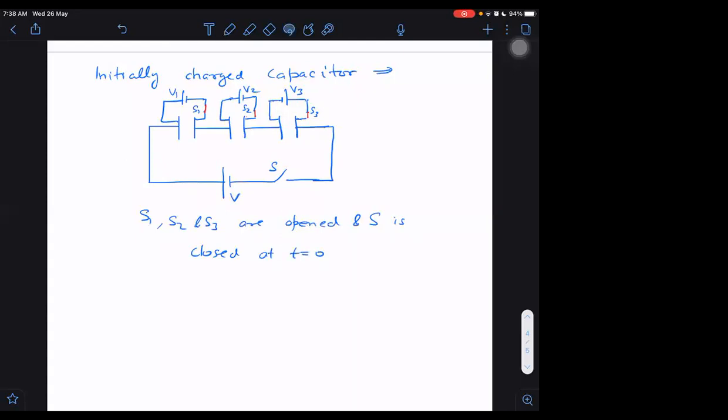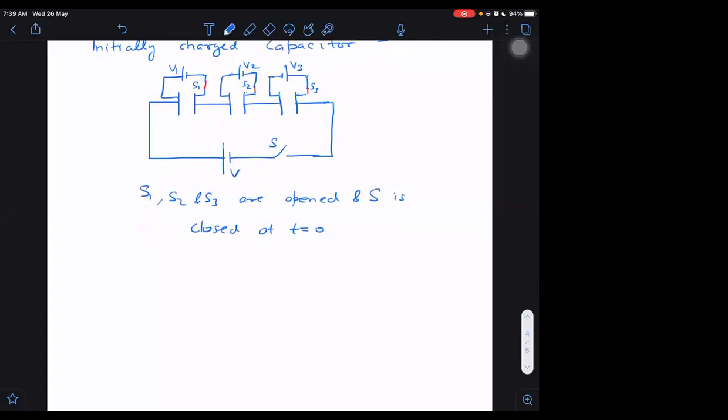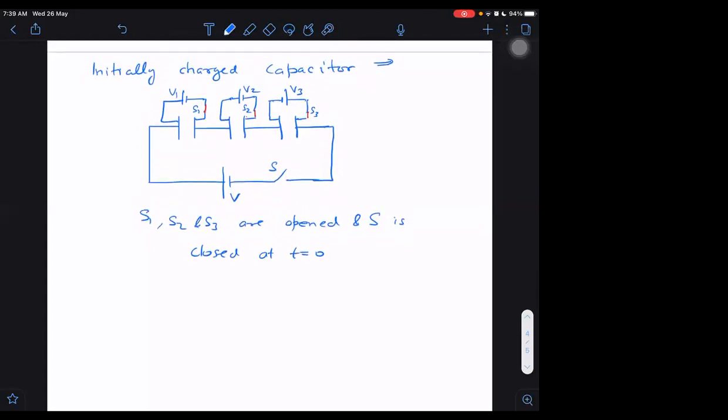We close the switch which was open initially, and the ones which were closed, we are now opening. The closed ones we are opening, and the open ones we are closing. Now, what will happen as a result?